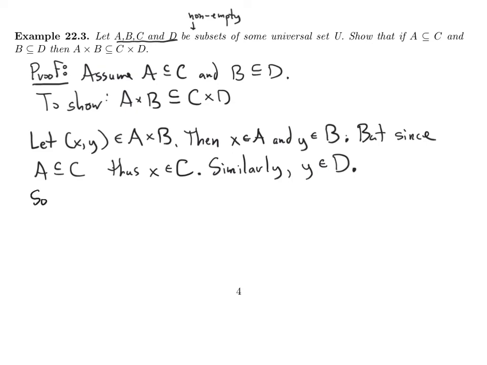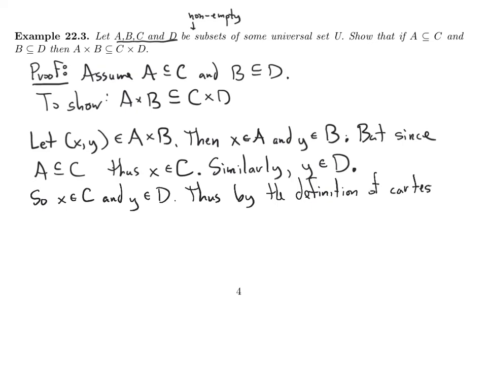So what does that mean? So x is an element of C, and y is an element of D. Thus, by the definition of Cartesian product, we know that this element (x, y) is an ordered pair with one element from C and one element from D, so it has to be a member of, I have it the other way around, sorry.